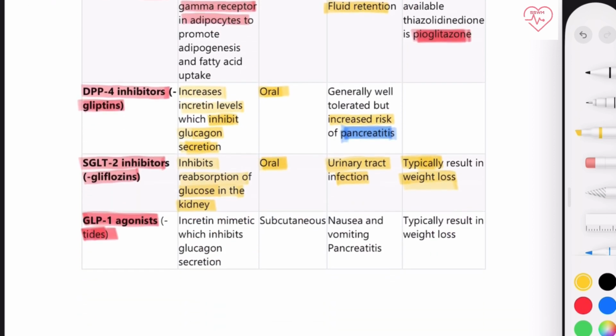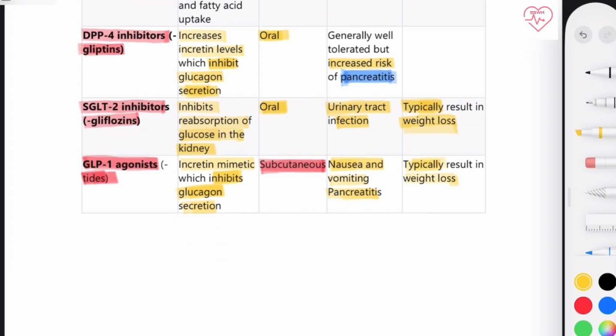GLP-1 agonist is an incretin mimetic, which inhibits glucagon secretion. That is having the route which is subcutaneous. Insulin is also having a subcutaneous route. What it will do is cause nausea and vomiting, also pancreatitis. DPP4 also leads to increased risk of pancreatitis, right? And this also typically results in weight loss.